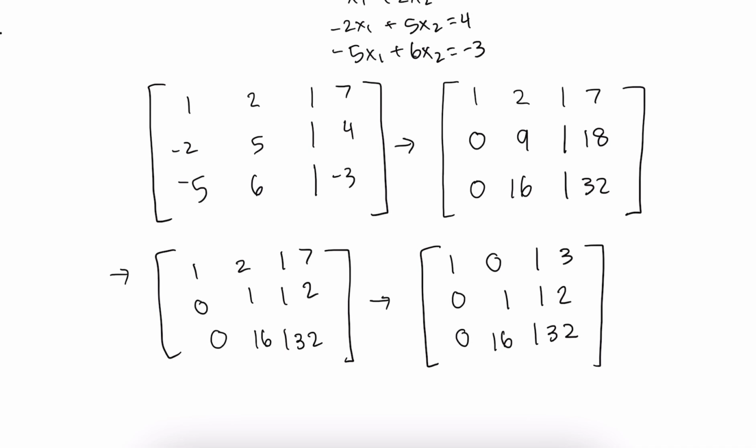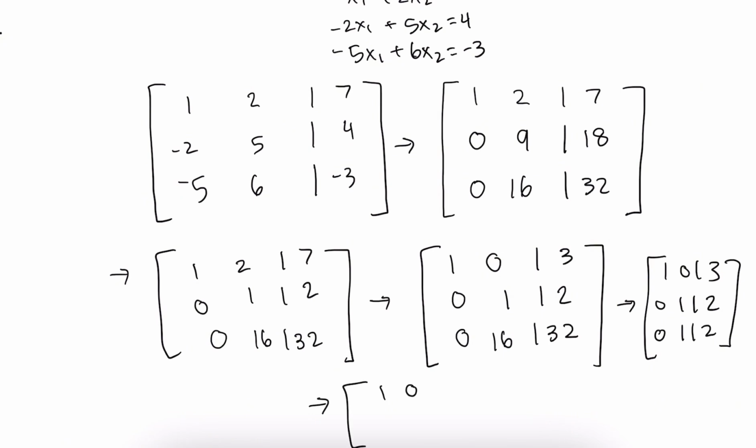To get rid of this 16 and 32, first we can just simplify it the same way we did for this second row, and we just divide it by 16. And then we're basically going to multiply the second row by negative 1 and add it to this third row and replace it. Or if you just want to think about it as subtracting, it's just subtracting it from the second row and replacing it. So we get 0, 0, 0.